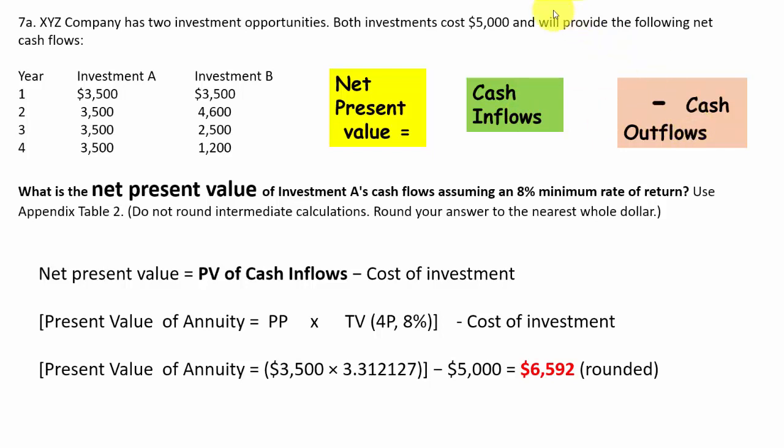Remember, you made the investment at time 0, in today's dollars, this $5,000, and you're getting these cash flows out in the future. But when you do this present value calculation of an annuity, you're taking all of these cash flows and putting them back to time 0. So you're comparing cash inflows at time 0 to cash outflows at time 0 to come up with a true net present value.